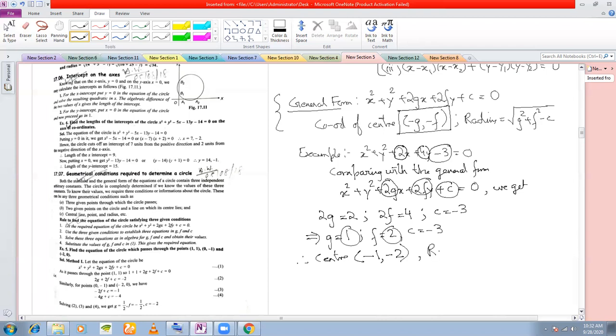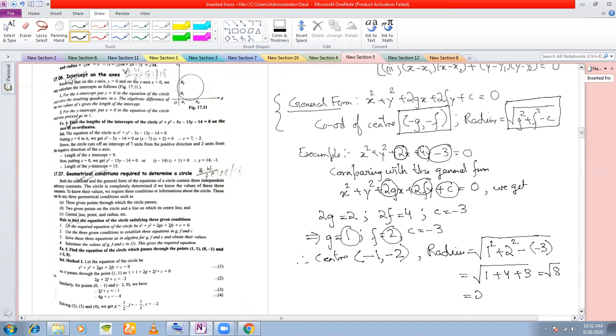And what is the radius? The radius here is root over of g square plus f square minus c. So what you get here is root over of 1 plus 4 plus 3, which is root 8.